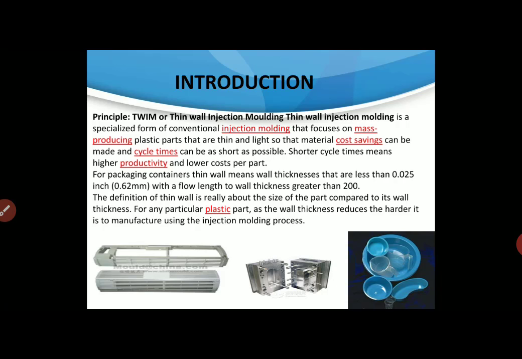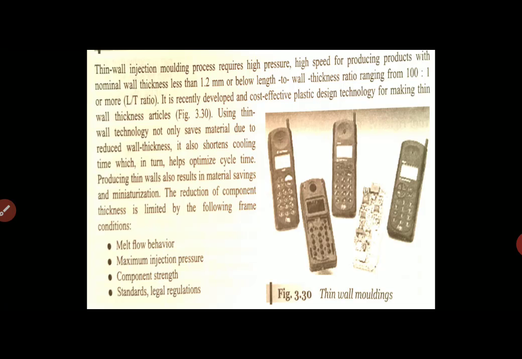The definition of thin wall is really about the size of the part compared to its wall thickness. For a particular plastic part, as the wall thickness reduces, it is difficult to manufacture using the injection molding process.